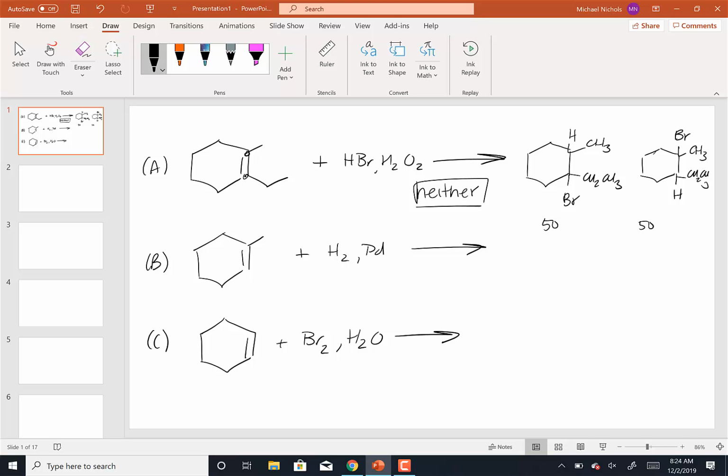Wait, show it to me again. Now you need to deal with your neither regio, stereo, both or neither.